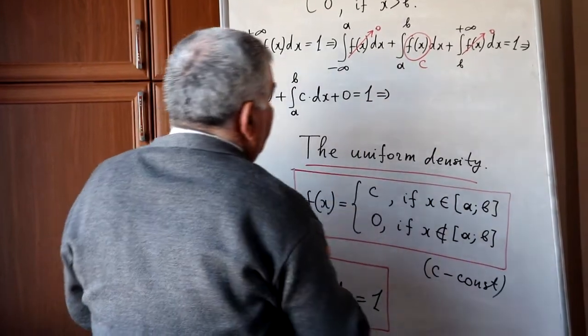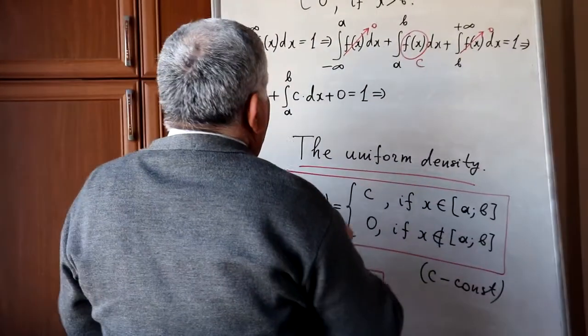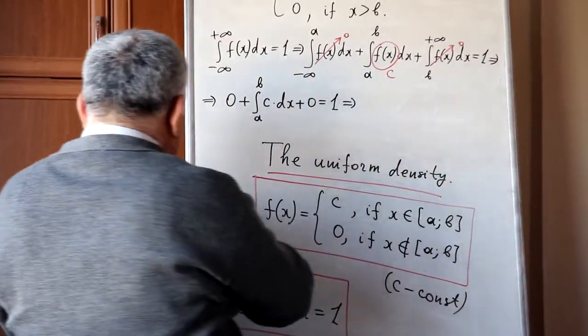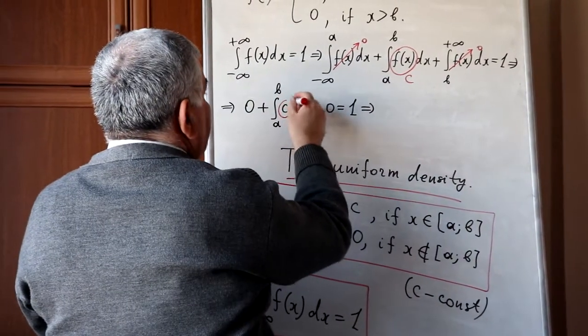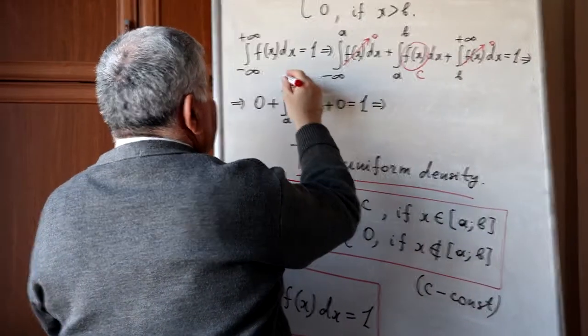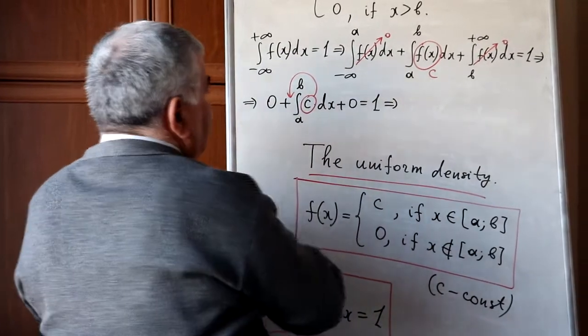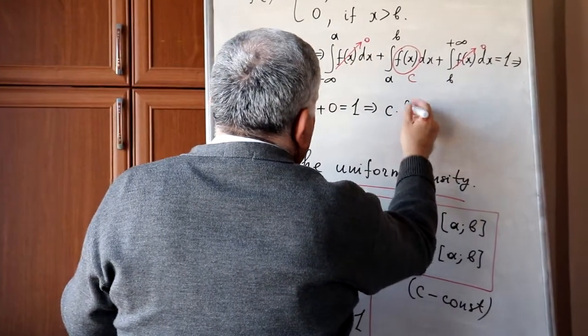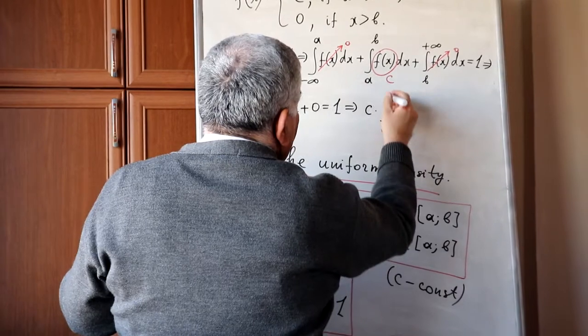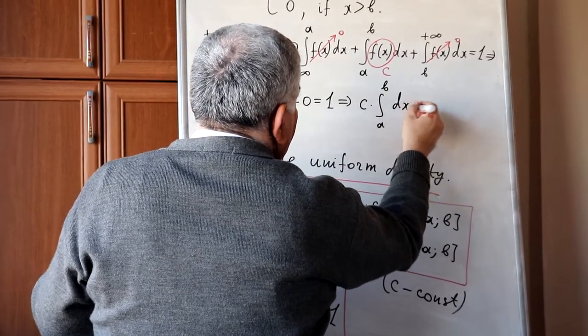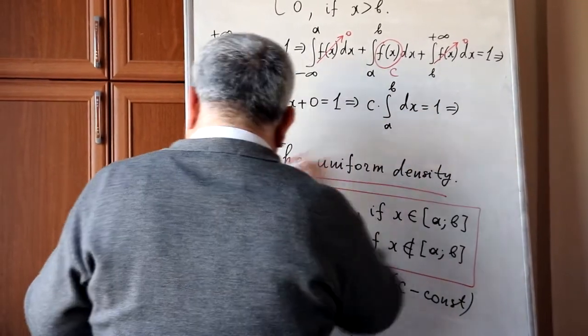Then continue. Here c is a constant value, and we can take it out of the integral symbol. C multiplied by integral from a to b dx is unit.